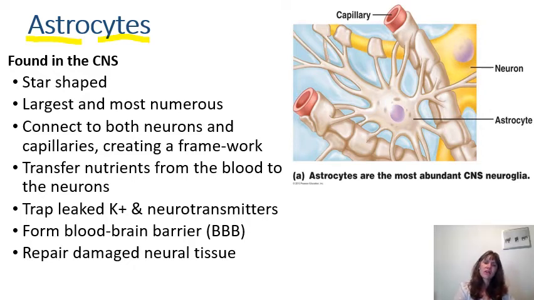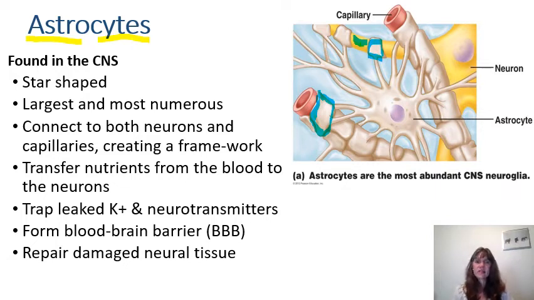Astrocytes are the largest and most numerous of all the neuroglial cells in the central nervous system, and they connect to both neurons and to capillaries. Here's the neuron. You can see the astrocyte connecting to the neuron, as well as wrapping around these tiny little blood vessels that we call capillaries. Remember, capillaries are so tiny you could fit 10 of them in one strand of hair.